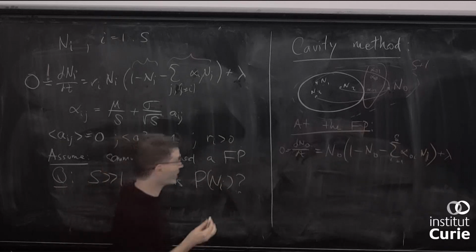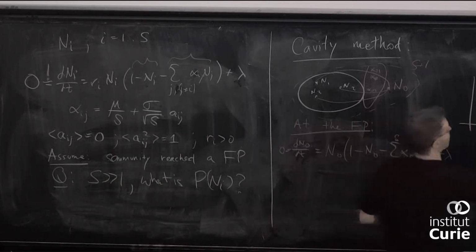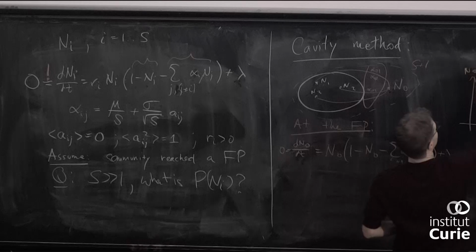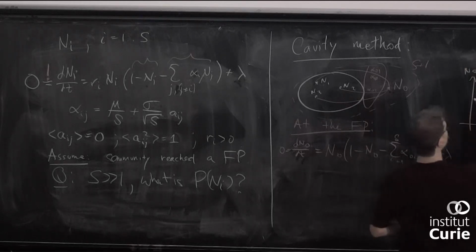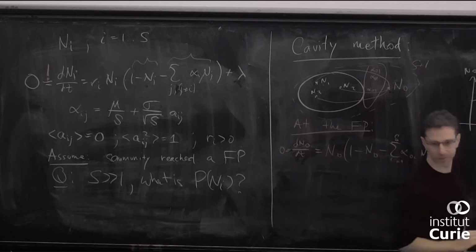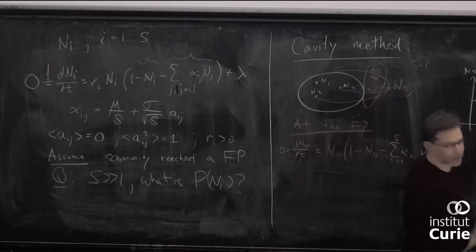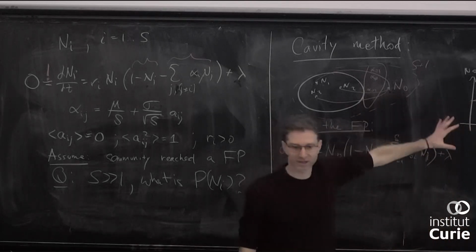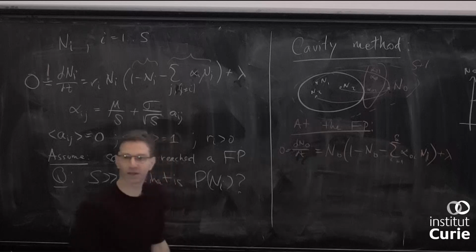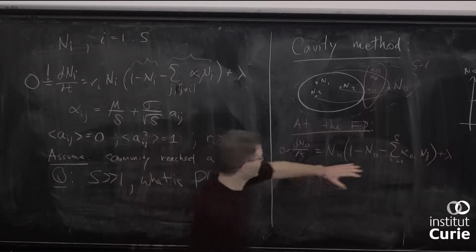By the way, this is n0 as a function of time, and this is time. It might grow and reach some number, or it might crash down to 0. But I'm assuming it does reach some number.